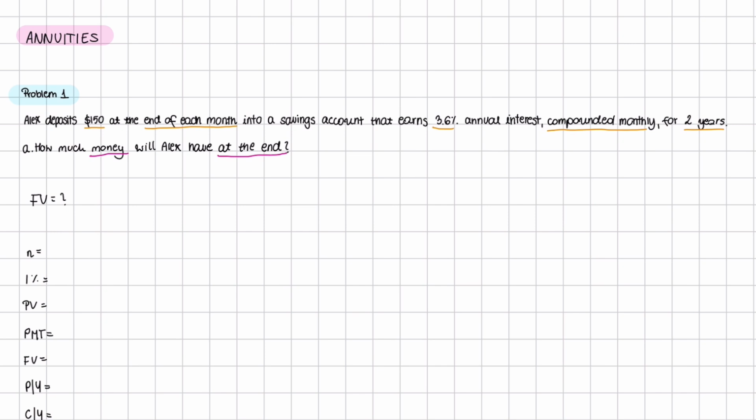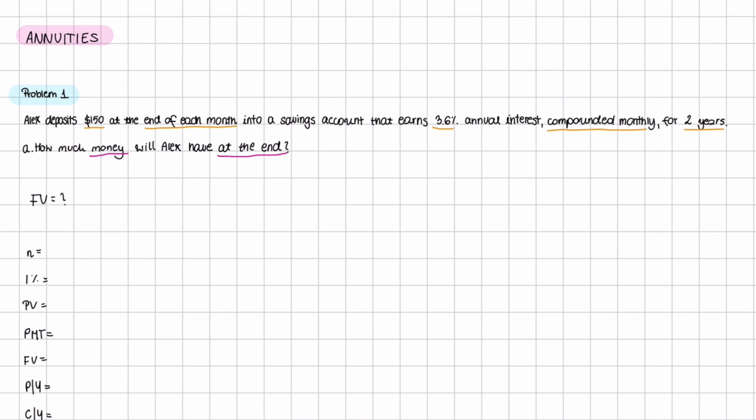stands for interest rate, PV, that's present value, then we have PMT, so payments, each month or each year, like additional payments. Then we have future value, then we have P/Y, it's connected to the N, whether we write our N in months or in years.